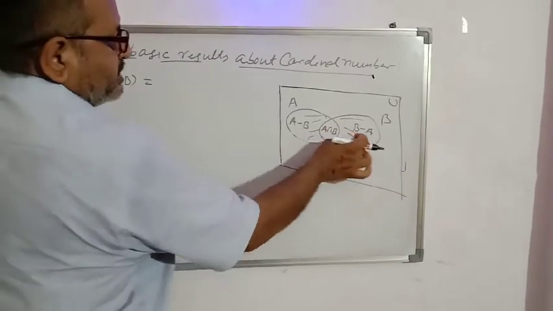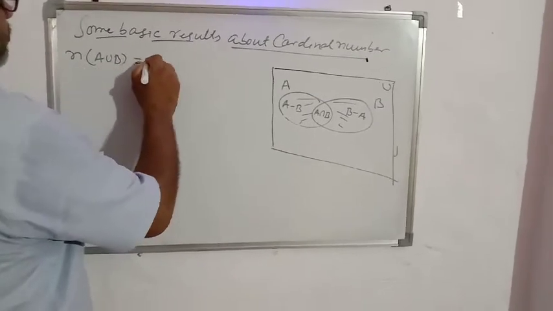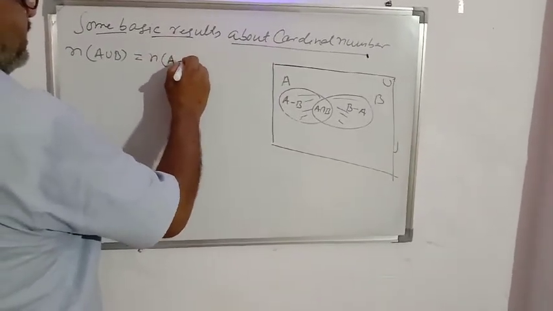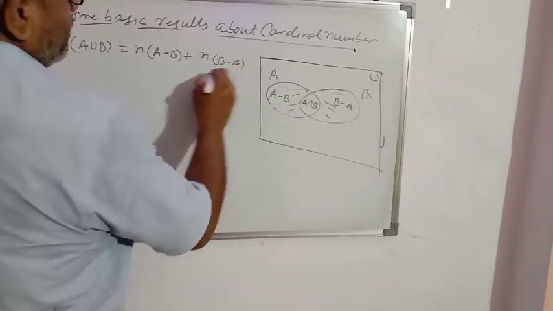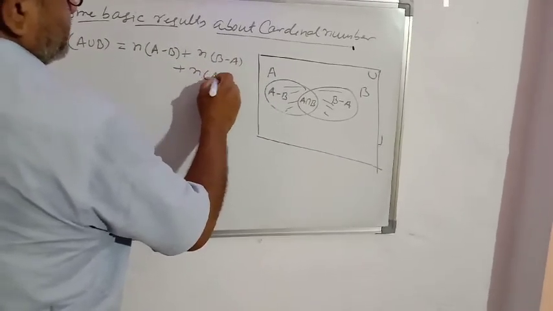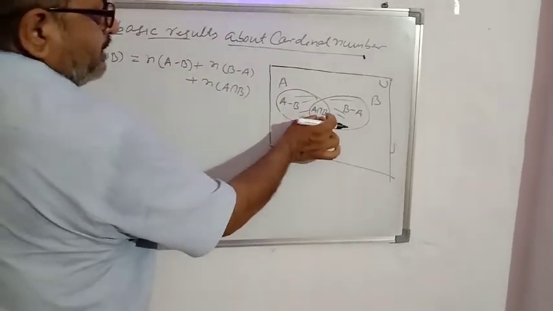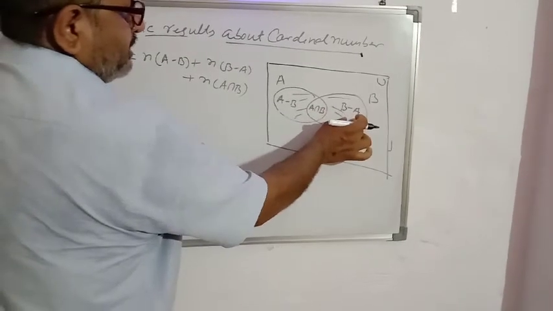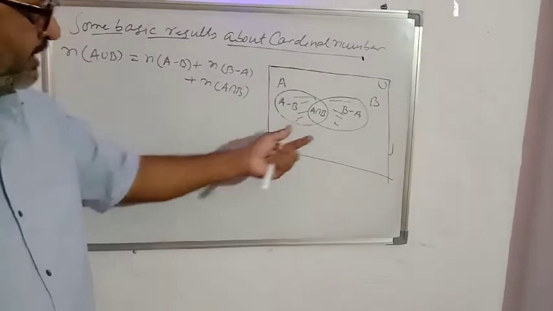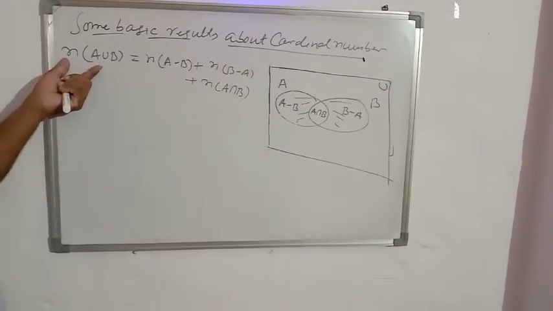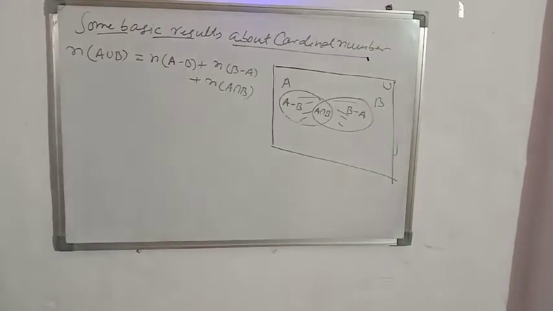So we can write n(A union B) is n(A minus B) plus n(B minus A) plus n(A intersection B). With the help of Venn diagram, we can generate this formula for the cardinal number of A union B.